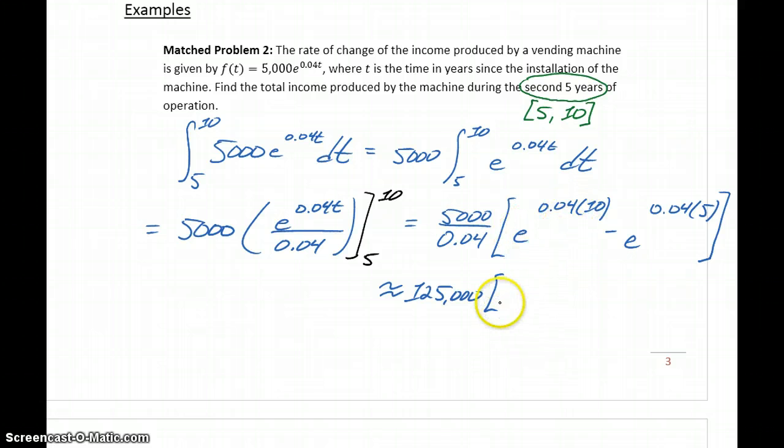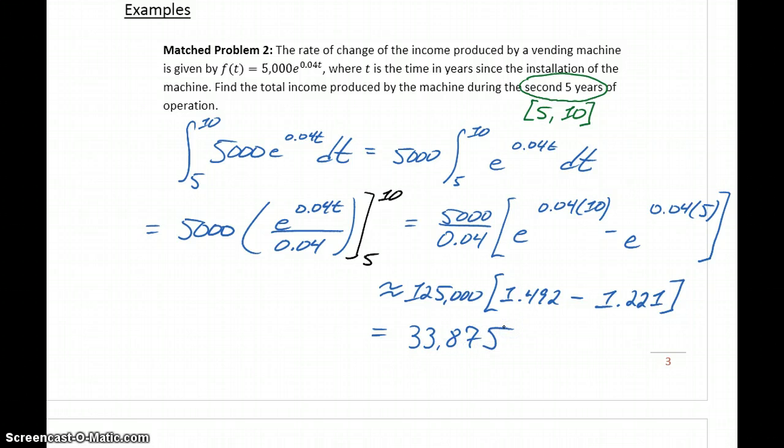E to the 0.04 times 10 is approximately 1.492. E to the 0.04 times 5 is approximately 1.221. So these are my approximate answers, bringing me to a value of $33,875.